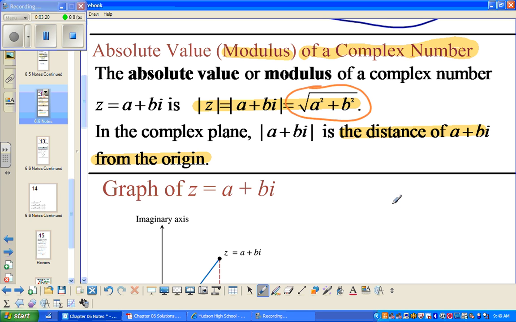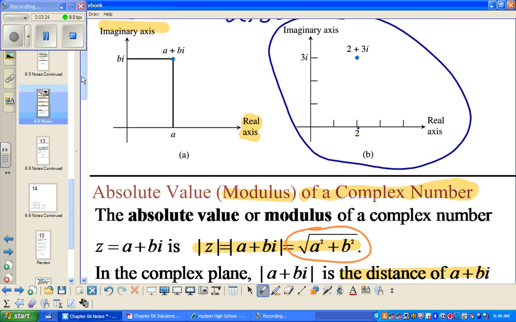Remember, if we're plotting a point a plus bi, if we look up here, we plot this point. Remember, we're going to the right 2 and up 3. Well, the modulus is how far from the origin that number is. So you can easily see you'd have a right triangle.